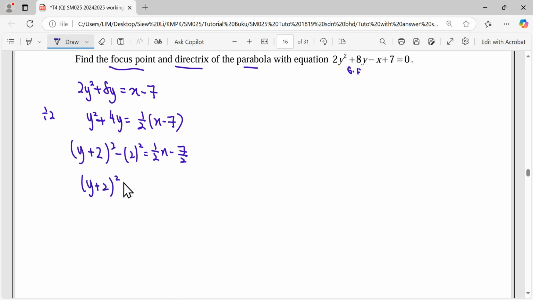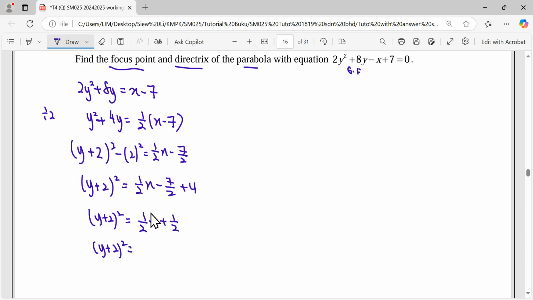For the left hand side, the y square here, we are already done. Now I'm going to simplify the right hand side here. Minus 7 over 2 plus 4. So negative 7 over 2 plus 4 gives us positive 1 over 2. For the right hand side, we are not finding the common factor.